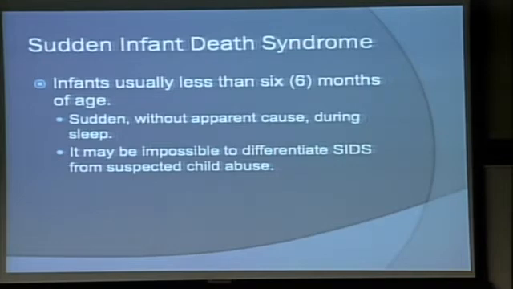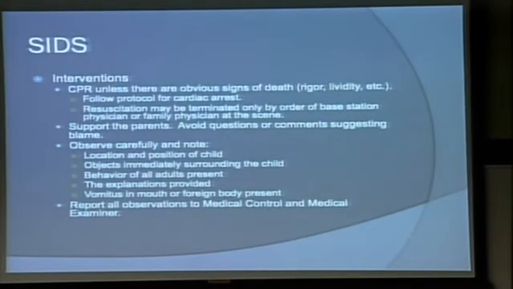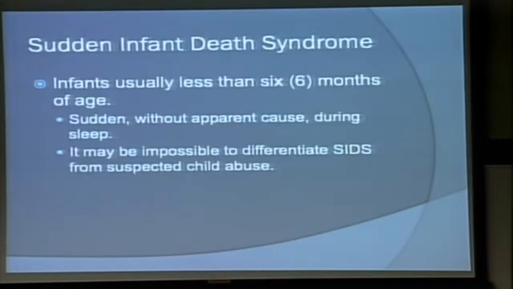We know some of the things that contribute to it. There's an association, we don't know that it causes it, with a smoker in the house, there's a familial association, there's an association with how you put the kid down.